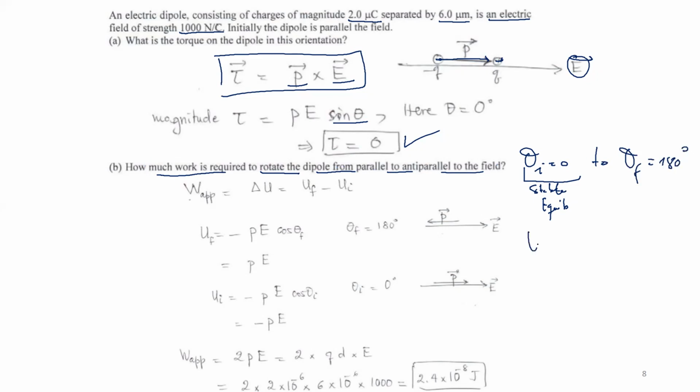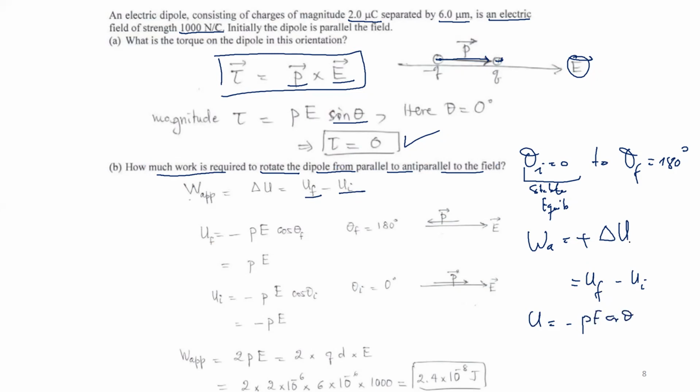Of course, you know that work applied is just plus the change in dipole potential energy. So work applied will be U final minus U initial. But what is U final? U, as we said, is just minus PE cosine theta.